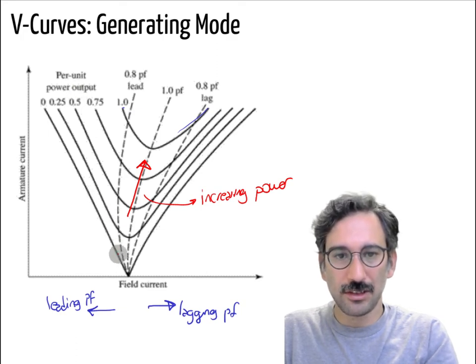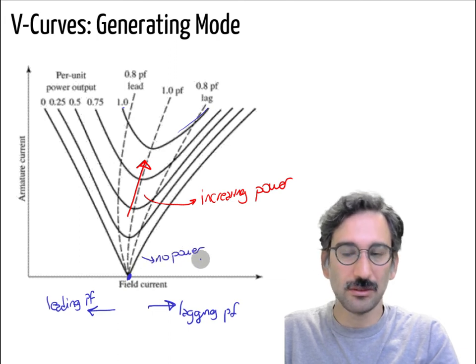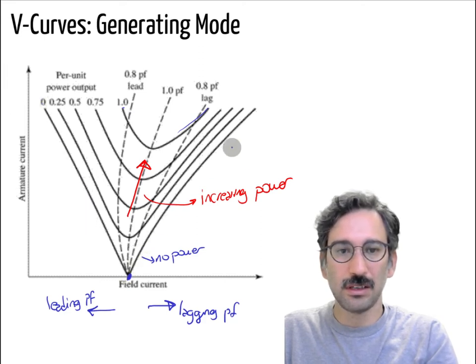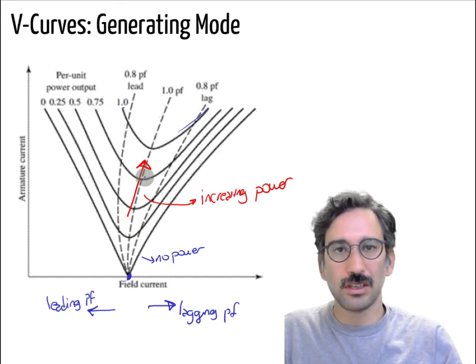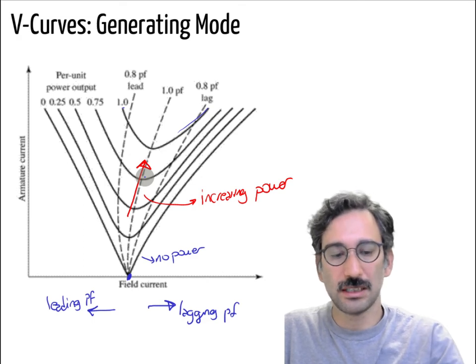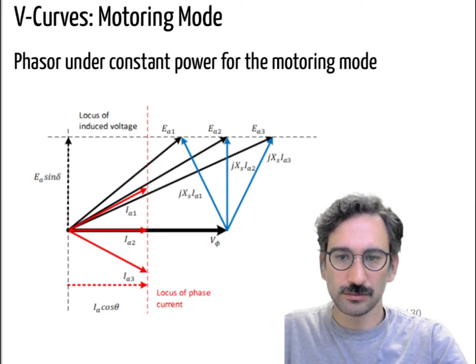If we are working at no power, so this is no power, no real power, you can still generate some leading or lagging power factor. So these are called V curves, and you can see that kind of graph in datasheets of synchronous machines. So let's have a look at the motoring mode.